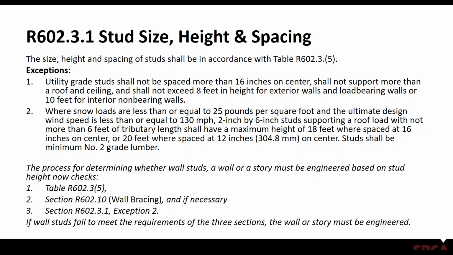Again, the key there is you're limited with your ultimate wind speed, you're limited with what the snow load can be on that roof, and you're also limited to only a tributary of 6 feet. Then you're allowed to use studs up to 20 feet in length if they're spaced at 12 inches on center.